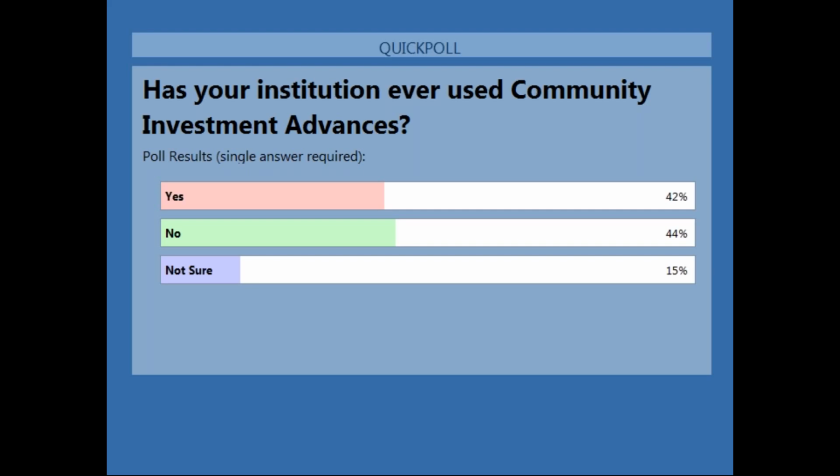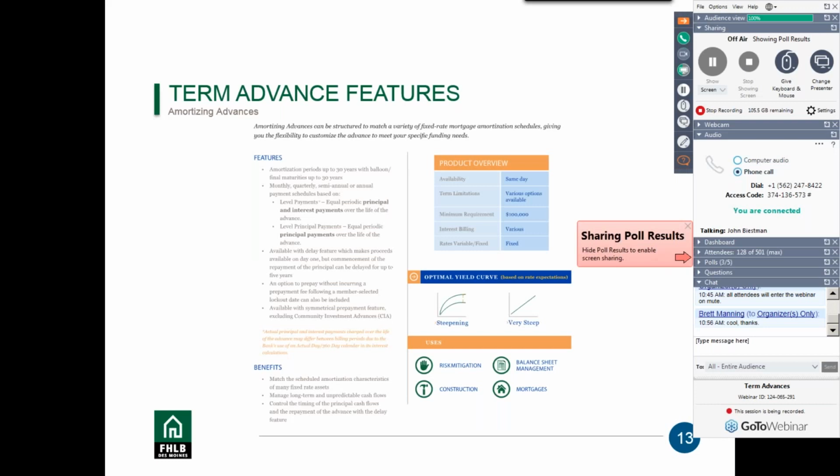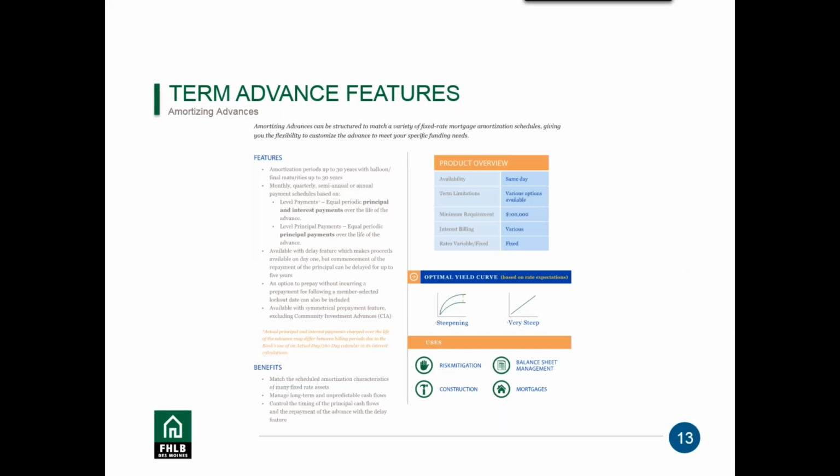Okay, long-term advances. They need not necessarily be structured as bullet advances, although typically they're quoted on a monthly amortization frequency basis. They can be structured with amortizing features that can be customized with multiple balloon and custom payment schedule features. They are offered either on a level payment or a level principal payment basis.